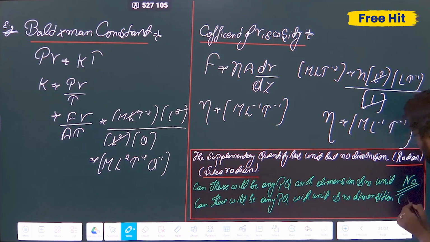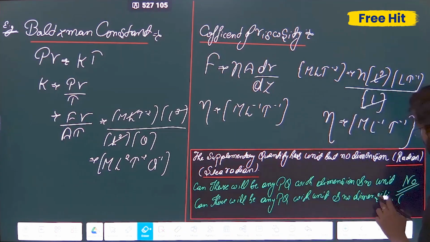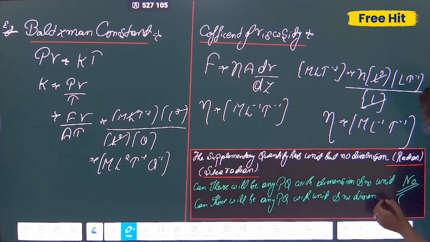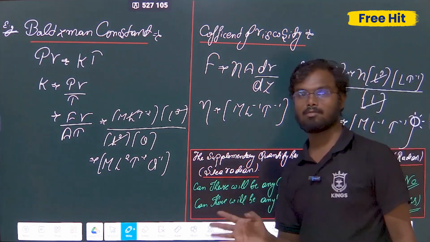The answer is yes. You can see here, radian and steradian have a unit but no dimension. Clear?